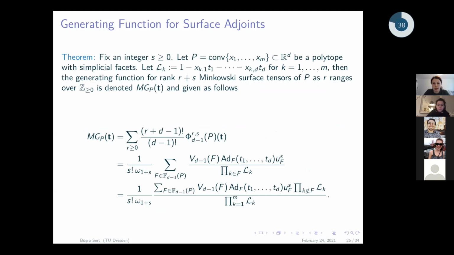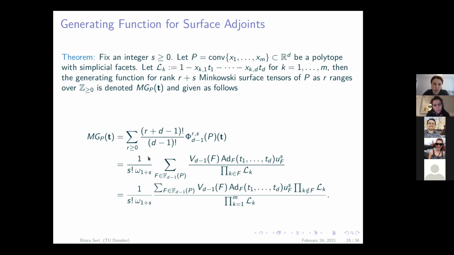By the way, the generating function for volume tensors was for simplicial polytopes. Now on surface tensors, we said that we can write the expression by taking the sum over facets of the polytope. So the polytope itself doesn't need to be simplicial here.